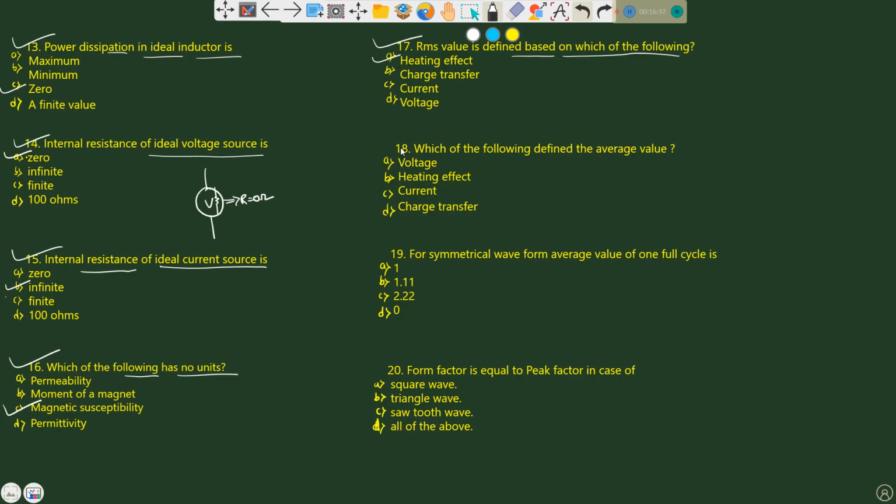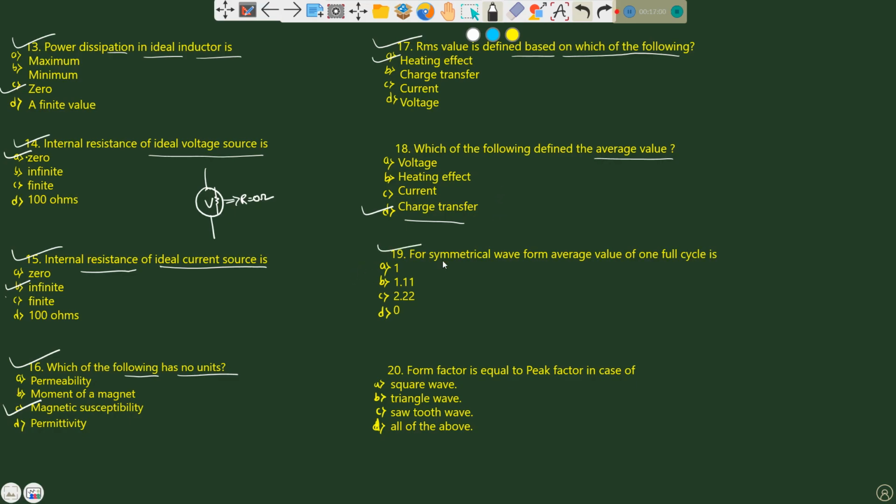So next we have, which of the following is defined as the average value? Average value is nothing but the voltage required for the charge transfer when connected in AC for the given circuit for a given time is the same as DC in the given circuit in a given time. So it talks about charge transfer. Okay.